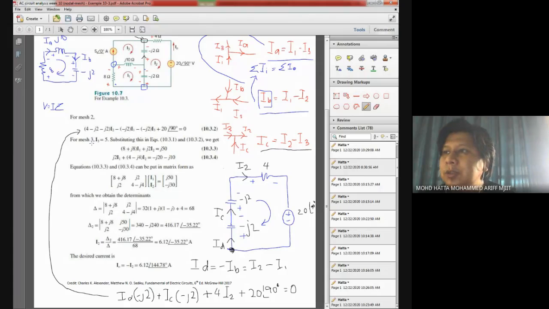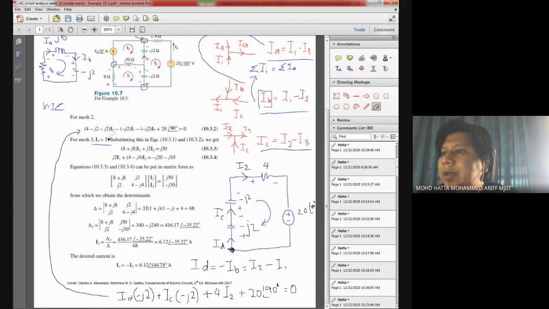I think mesh number 3 is quite easy because we have the current definition inside mesh number 3. You see that for mesh number 3, I3 is given by 5 ampere, and basically you need to put it as 5 with the angle of 0. But if you don't do that, it also can be done, because the calculation will be the same.